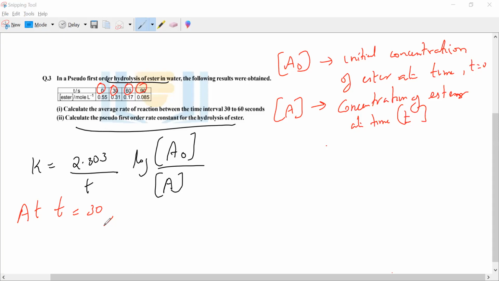So t is equal to 30. What will I do? I'll write here K1 equals 2.303 by what is my t value? t value is 30. Correct. Log of a naught by a. What is the a naught value?